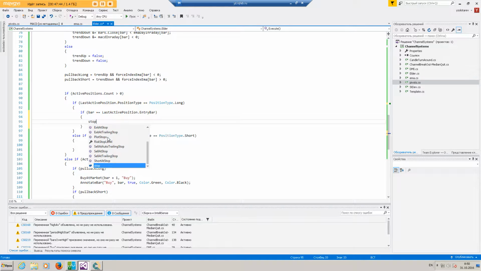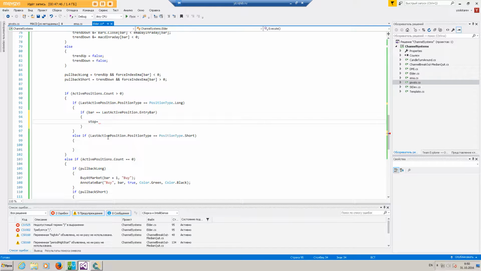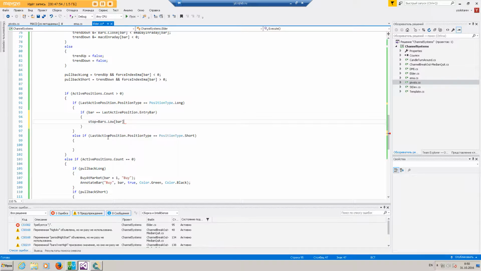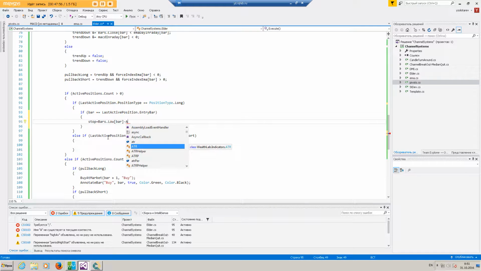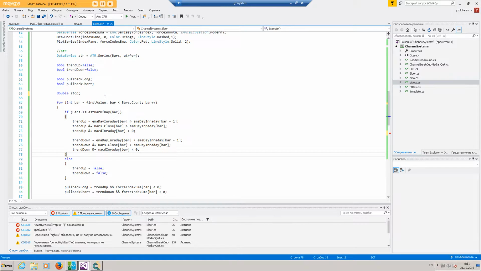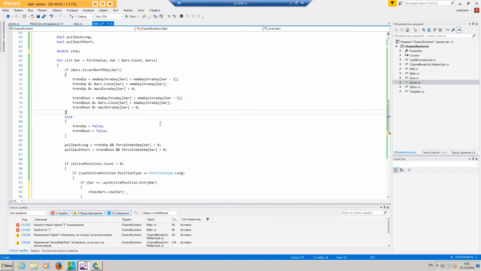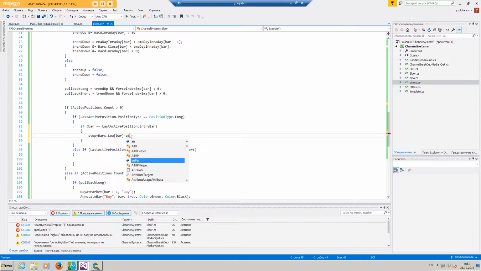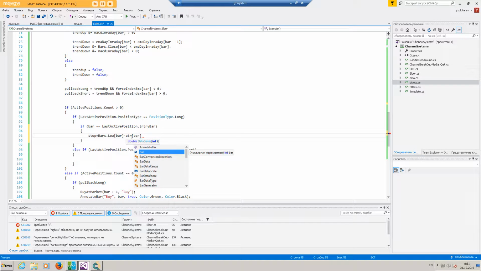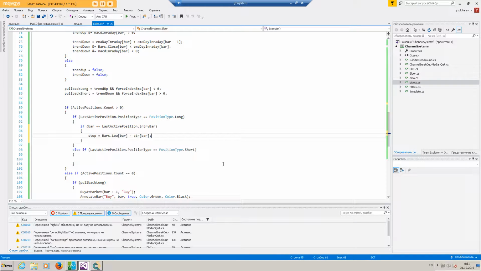So our stop is going to equal, for the long position, bar's low minus ATR value for this bar, right? So this is our stop value on the first bar, right?